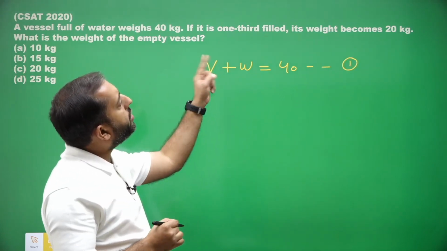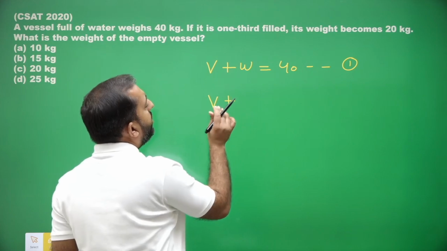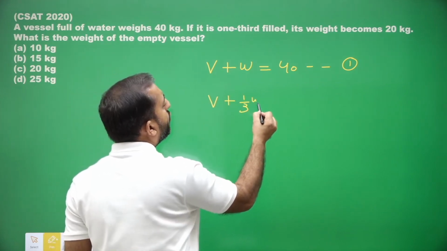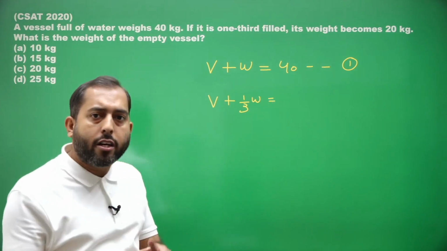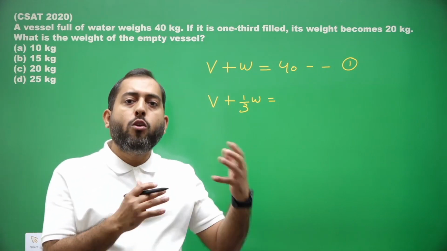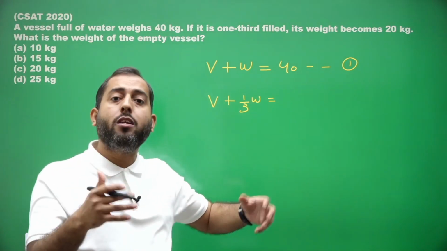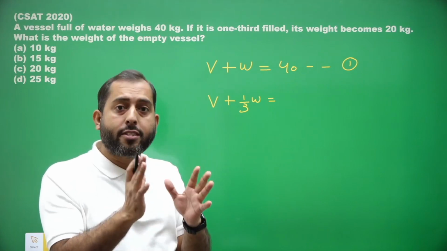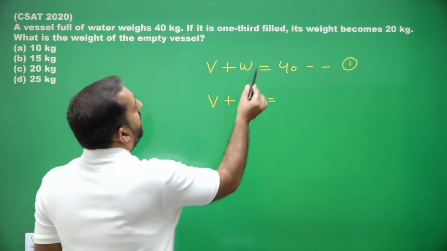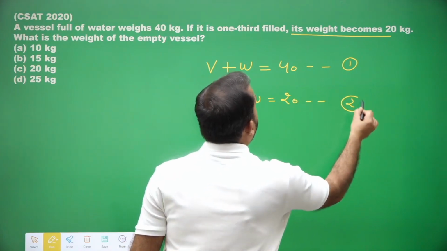If the vessel is 1/3 filled, then the total weight should be the weight of the vessel plus 1/3 the weight of water. Because if the vessel is 1/3 filled, then only the water will get reduced. There will be no impact on the actual weight of the empty vessel. So V plus 1/3W, its weight becomes 20 kg. This is our equation number 2.